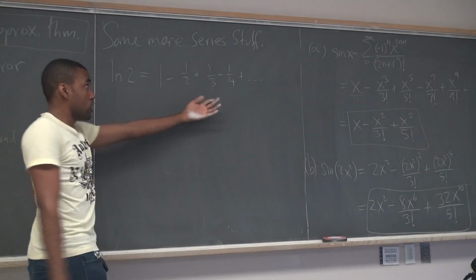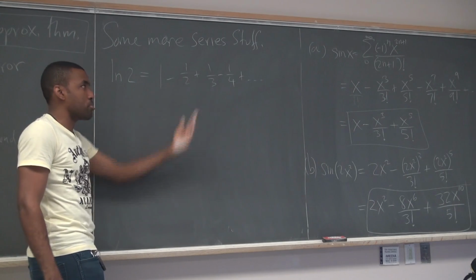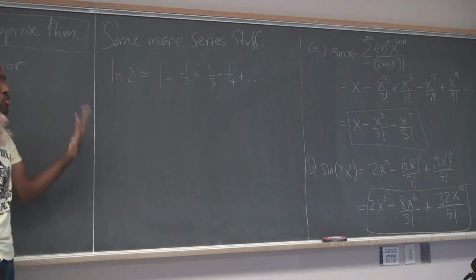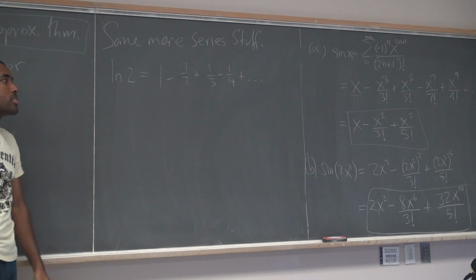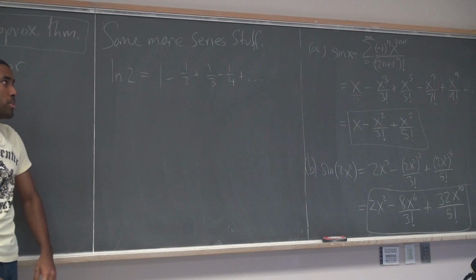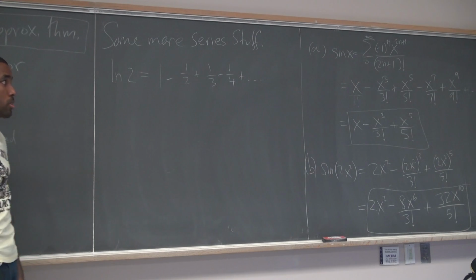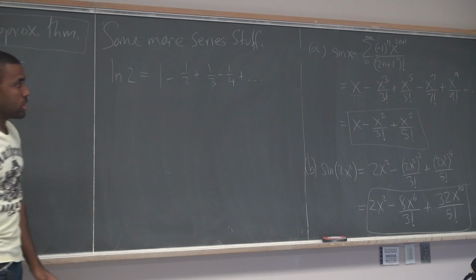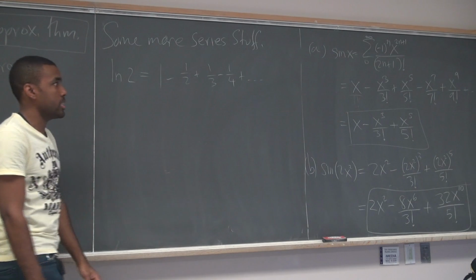So it's good to be able to do this because you can actually approximate it, right? ln2 is irrational. How do I know what that is? But I can write it as a series, and I can know how good an approximation is by taking any amount of terms. How do you show that? Ideas?